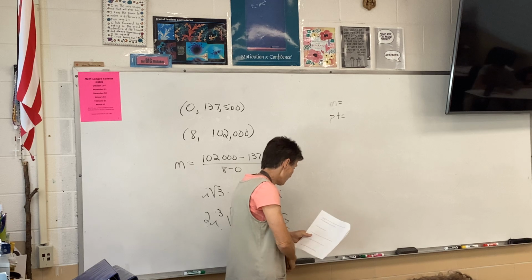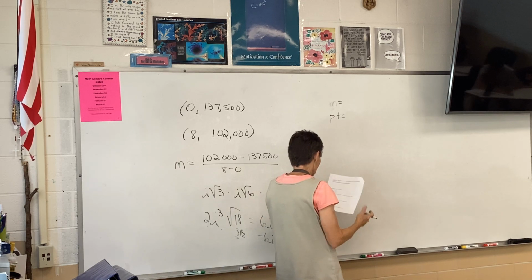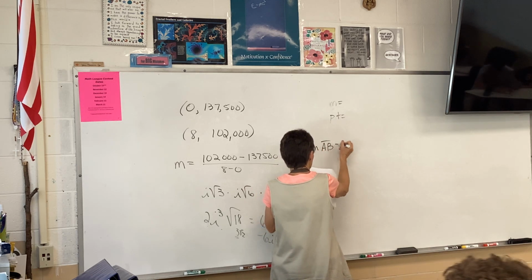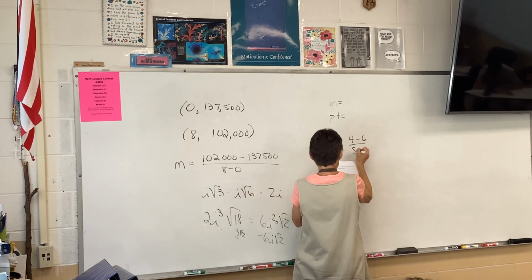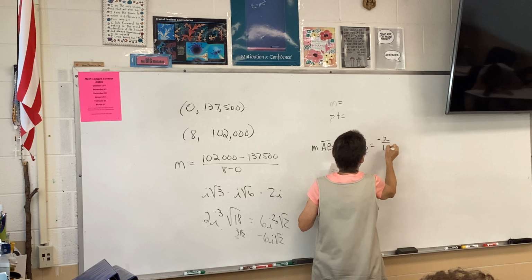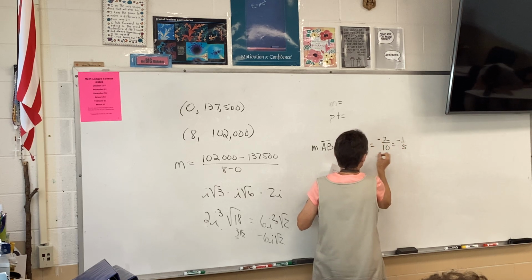And the slope is going to be perpendicular to AB. All right, so let's find the slope of AB. The slope of AB is 4 minus 6 over 8 minus negative 2. Negative 1/5, is my arithmetic okay?